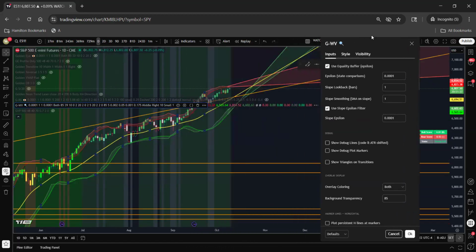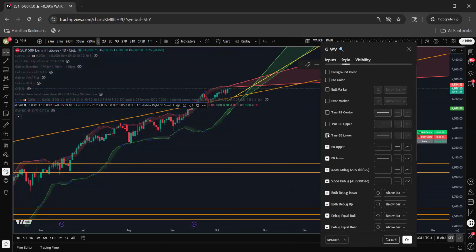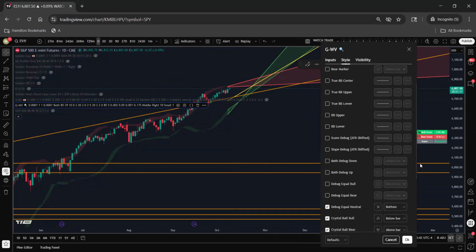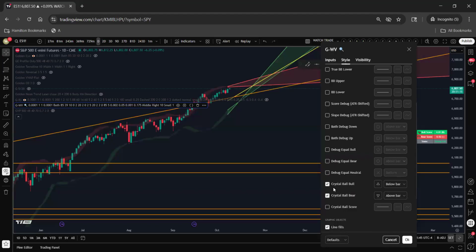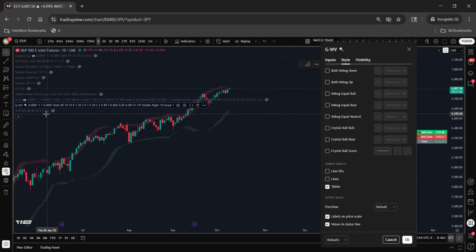This is the golden watch indicator. Depending on your style of trading, you may want less noise. That's why I made this indicator customizable to your specific trading style. You can disable each feature and keep whatever feature you would like. So I'm just going to hide everything and I'll show you what everything does one by one.